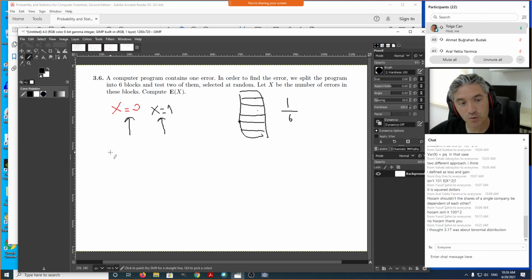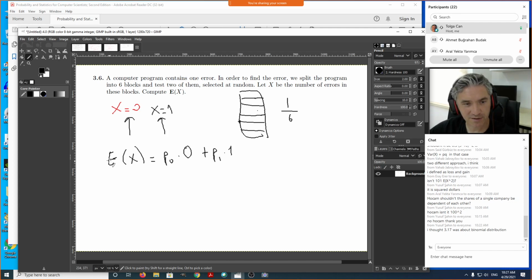So what we need to do is this: the expected value of x is the probability to get 0 errors times 0, the value of x, plus the probability to get 1 error in these two blocks, which we multiply with 1. Okay, so this is how we compute the expected value. We need to compute it with the PMF values of the probability that x is 0.